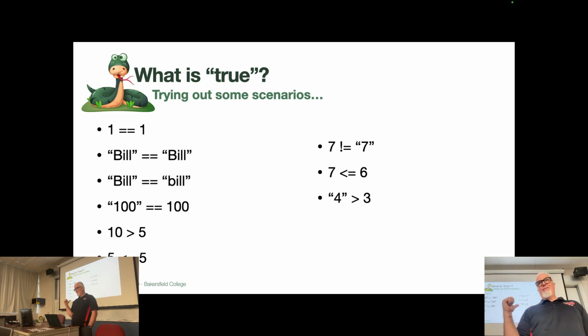This is a trick question. This will produce an error because we're making a comparison of scale. We're saying, is the string containing the character 4 greater than the integer 3? You cannot make a scalar comparison. You can't make a comparison that a string is greater or less than a number.